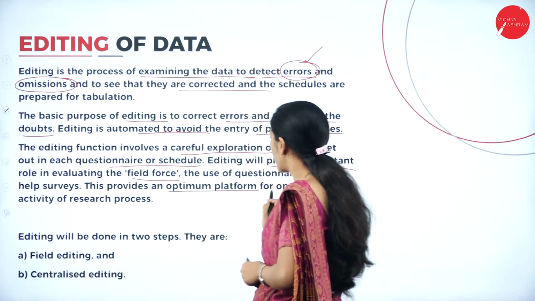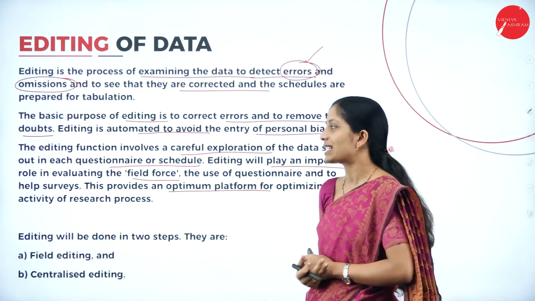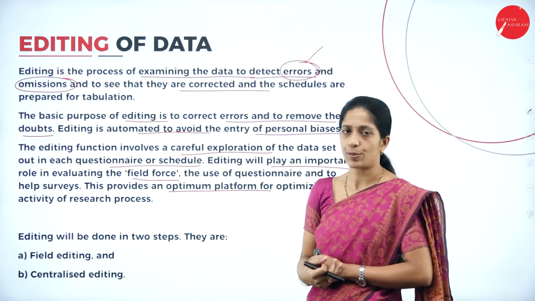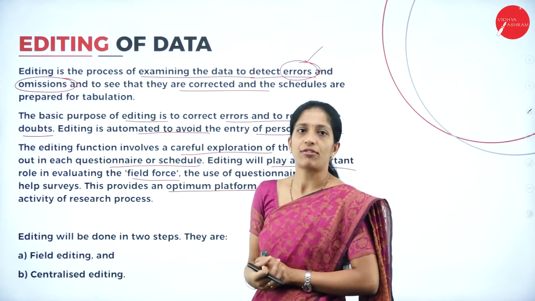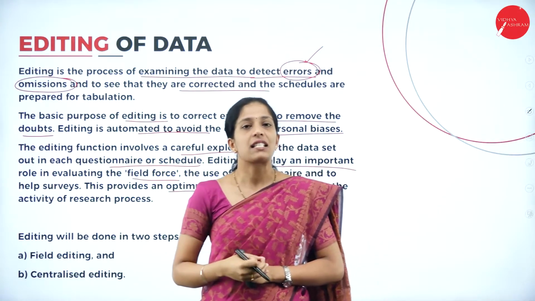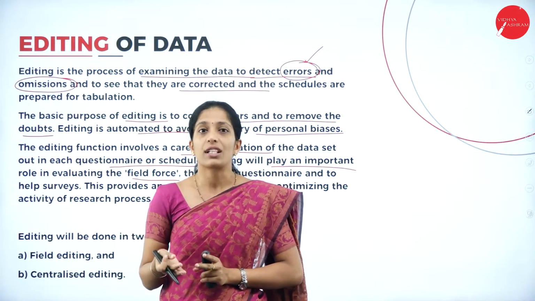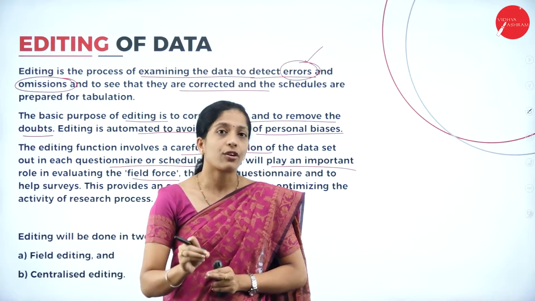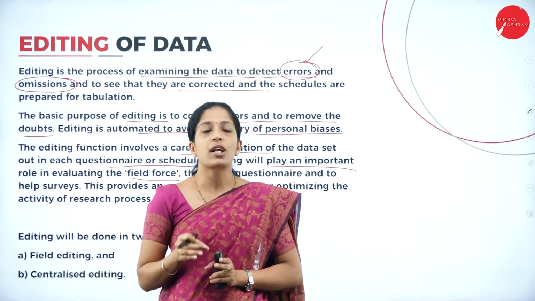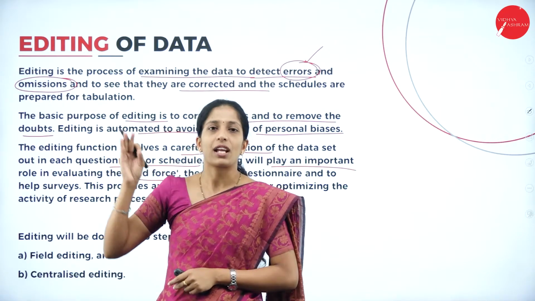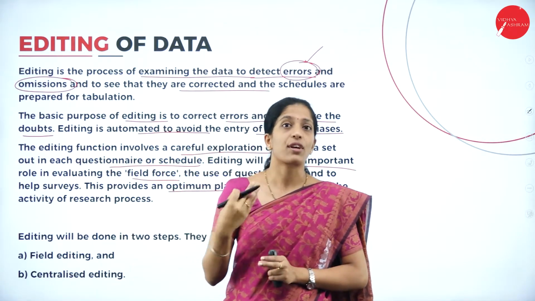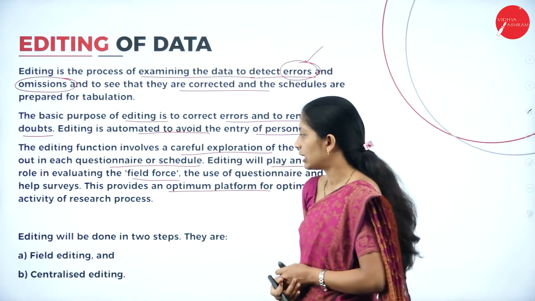This provides an optimum platform for optimizing the activity of the research process. What you have to remember under this whole editing of data is that we are going to find out the errors, or find out if any important information has been left out, and that is what we see under editing of data.